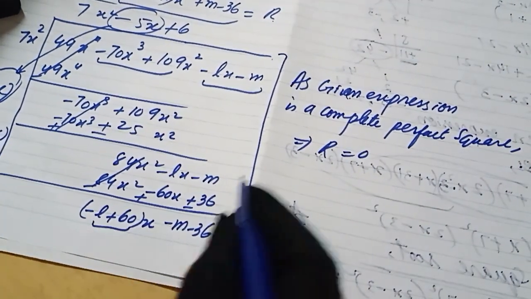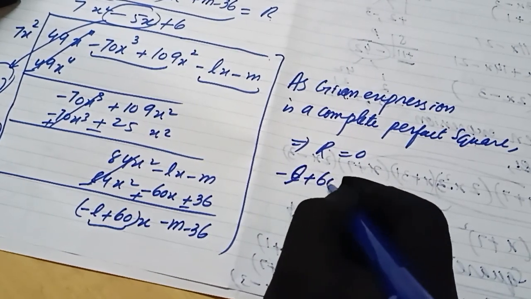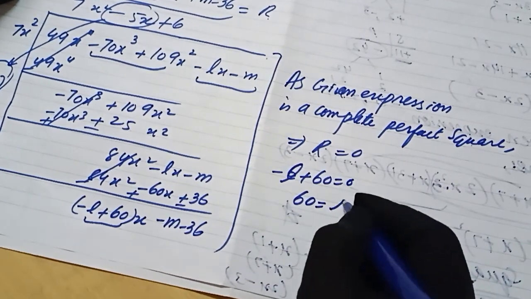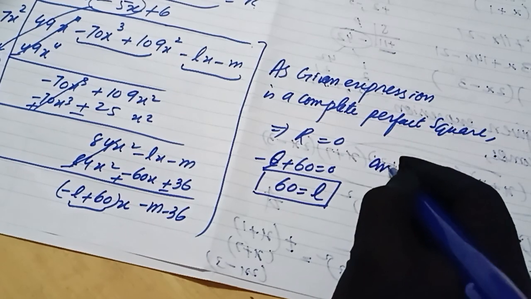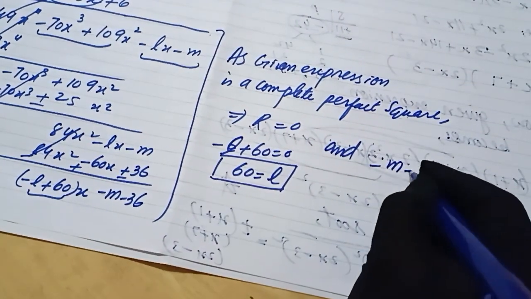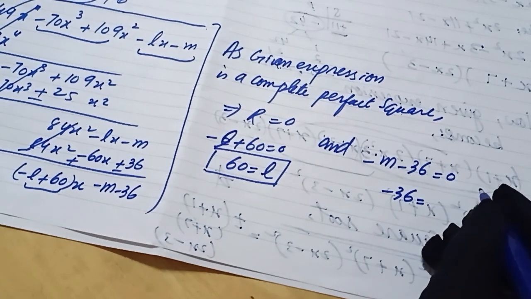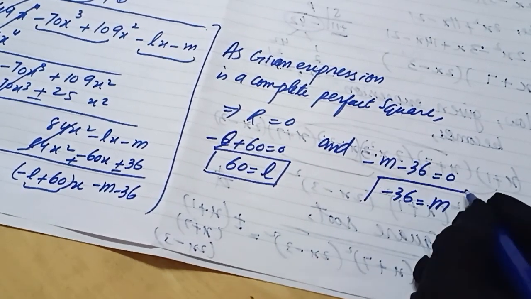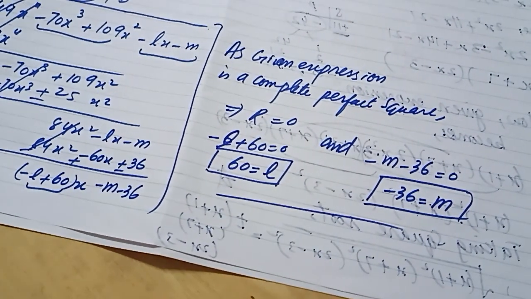It means that this is equal to 0, minus L plus 60 equals to 0. So 60 is equal to, I will shift this on the other side, it will become positive. So L is equal to 60. And constant term minus m minus 36 equals to 0. So minus 36 stay here. I will shift minus m on the other side. It will become positive m. So m is equal to minus 36, and the question is solved.